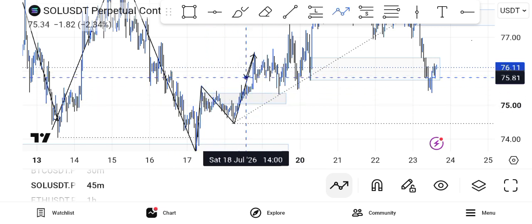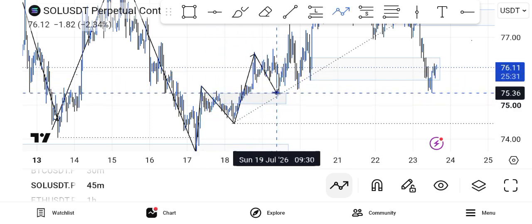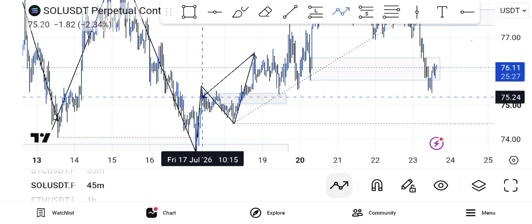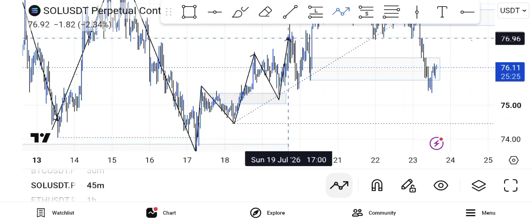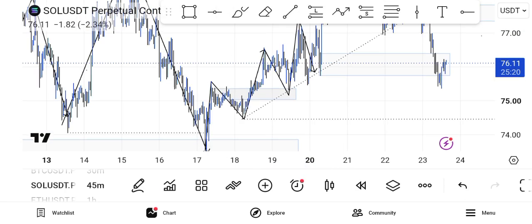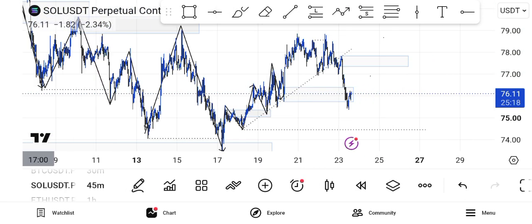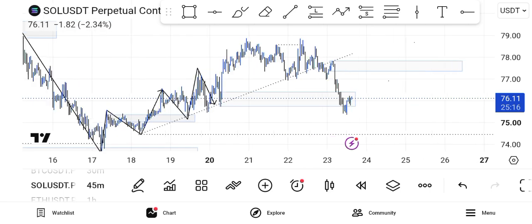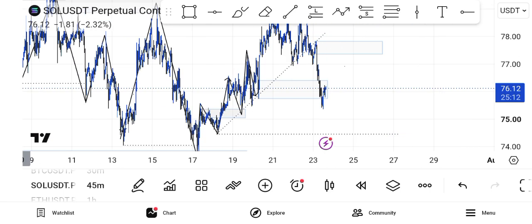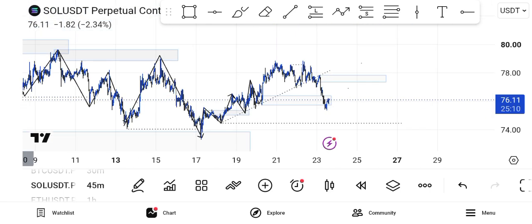So you can see now this is a mitigation block because there was no initial sweep. The price just respected from the mitigation block and continued going all the way up. So you want to be able to understand all of these things here. Let me see, maybe I have another example of a mitigation block.